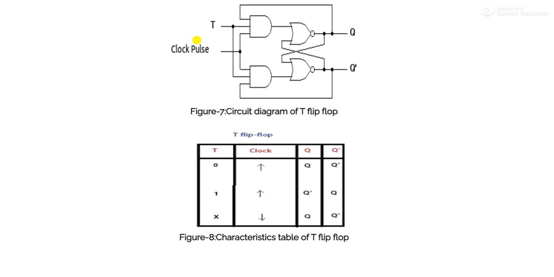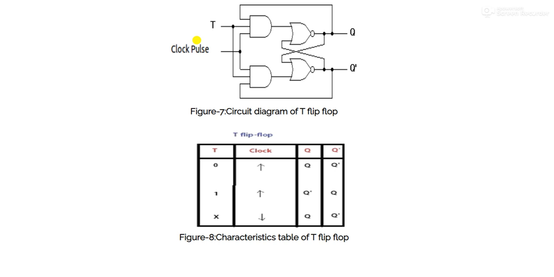So T flip-flop, when T equal to 1, if the present state is 0, then the next state will equal to 1, or if T equal to 1, the next state will be equal to 0 if your clock is high.